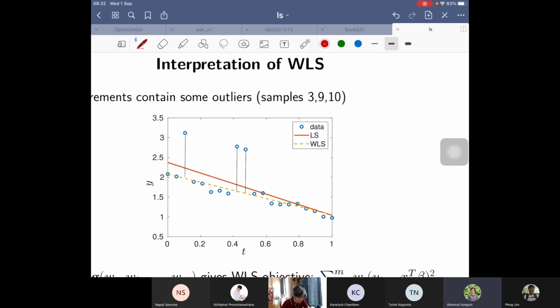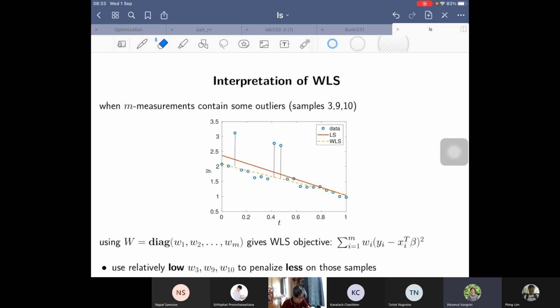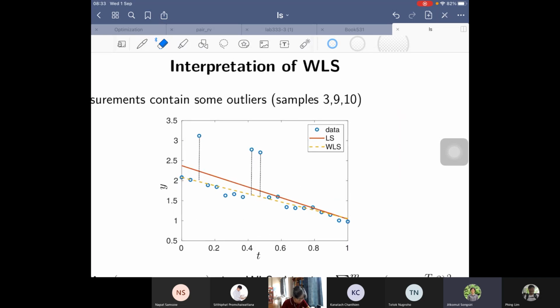But it happens that some of your data samples are clearly outliers, somehow with a sensor failure, where the observed values are out of range. You guess that this is not regular. Then if you use the linear least squares, the fit is given by the red line.